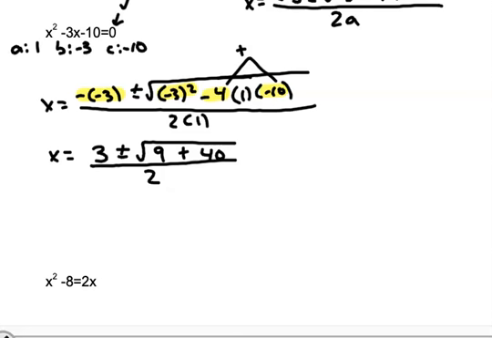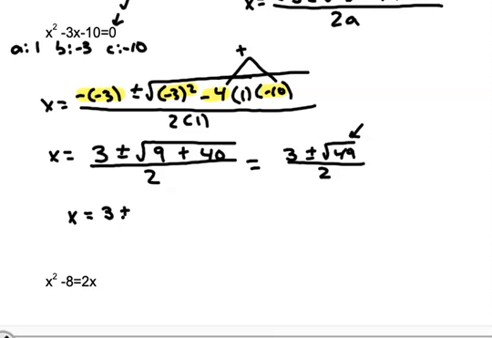All right, so then we have positive 3 now, plus or minus the square root of 49, and that's all over 2. So this one's going to work out nicely. We got this perfect square right here of 49. What that means is this is probably one I could have factored at the beginning, but that is okay. We're going to keep going this way.